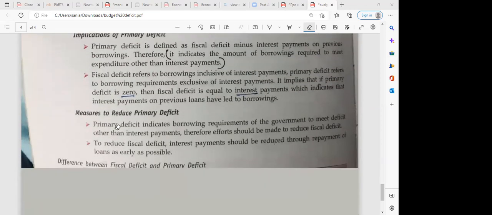That's why primary deficit indicates the borrowing requirement of the government to meet deficit other than interest payment. Therefore, effort should be made to reduce fiscal deficit. Because I'm not including interest payment, I'll be focusing on reducing fiscal deficit. And to reduce fiscal deficit, interest payment should be reduced. Therefore, repayment of loans as early as possible. See, this is a chain.